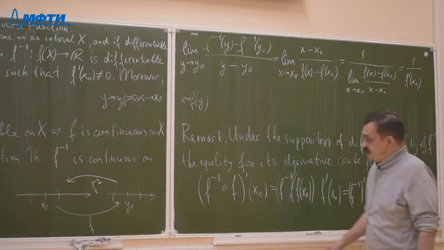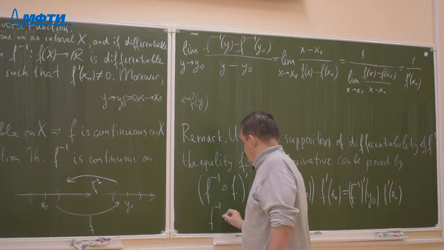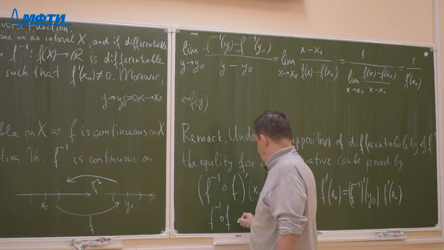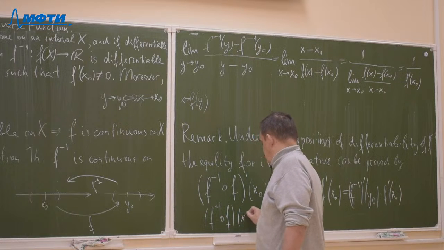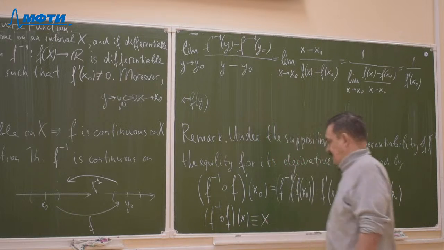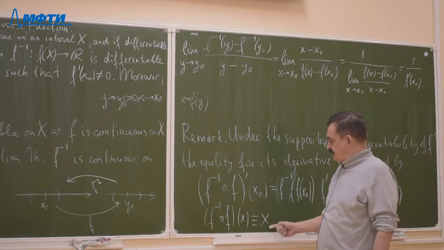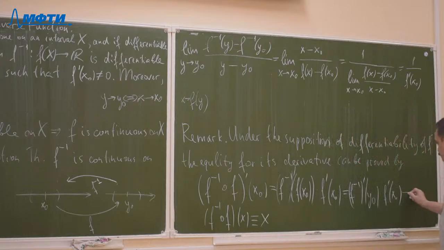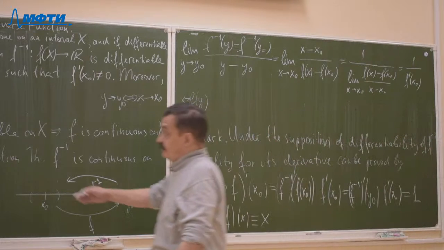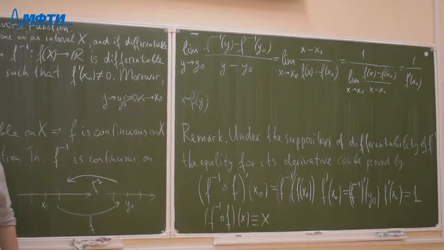And from the other side, f minus 1 of f of x is identically x. And the derivative of x is 1. Hence, this should be 1. And it gives us the same equality for the derivative, right?